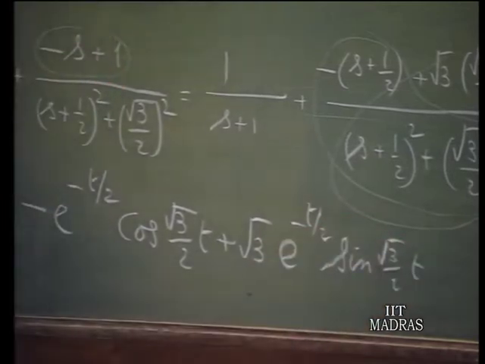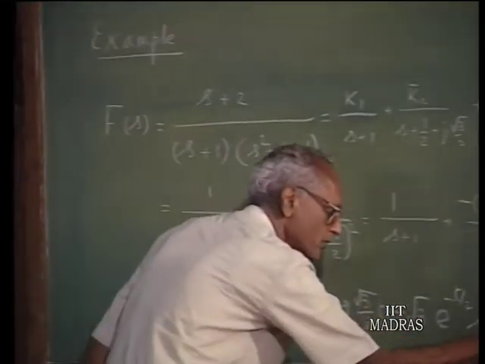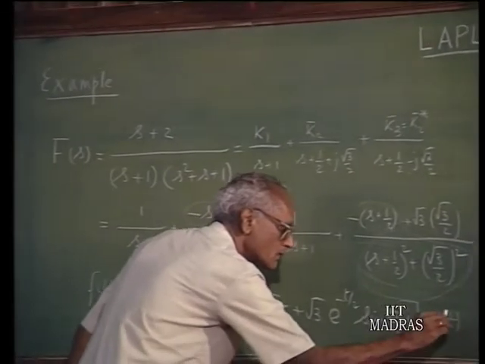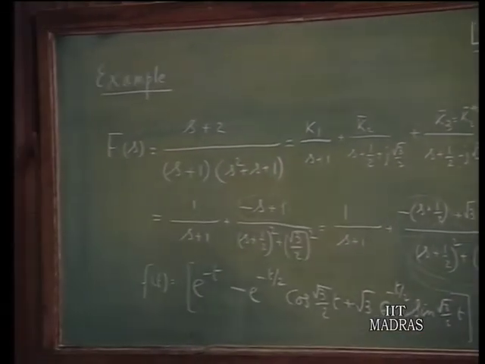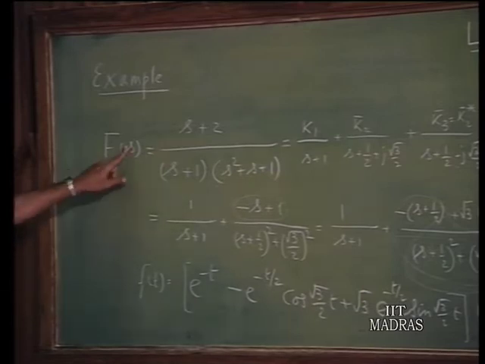Of course, the whole thing is multiplied by u of t. So that is the inverse Laplace transform of this given rational function.